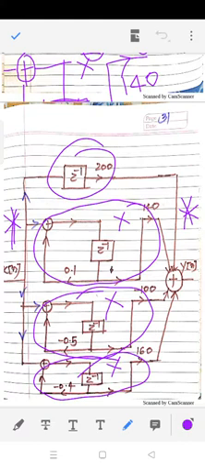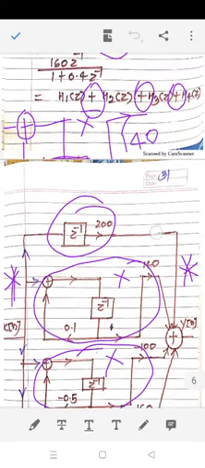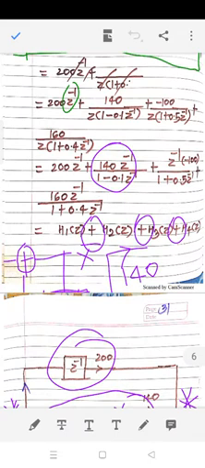Why parallel? Because they are operating on the input and producing the output parallelly. Means, what is my discussion? H1 of z will process some part of input, it will produce the desired result. H2 of z will operate on one part, it will produce the desired result. H3 of z will operate on the input, it will produce the desired output. Similarly with the H4 of z.